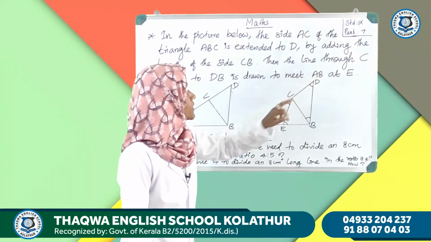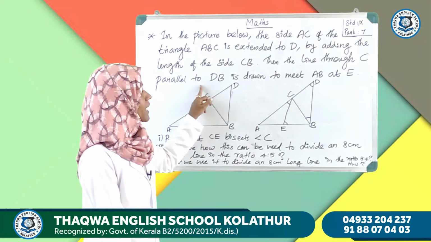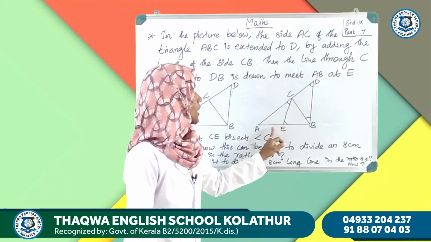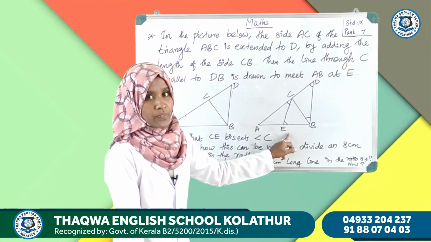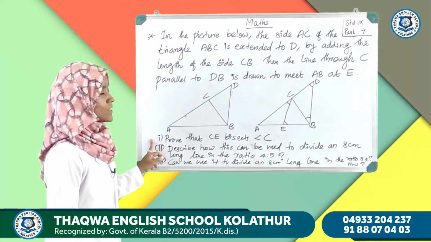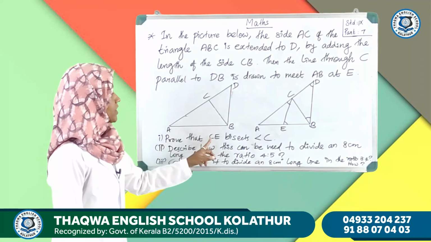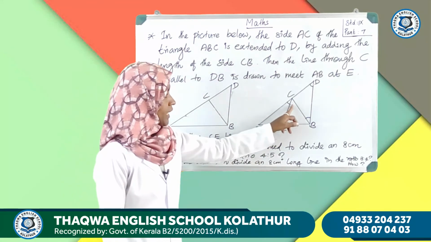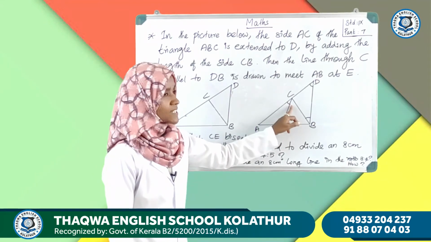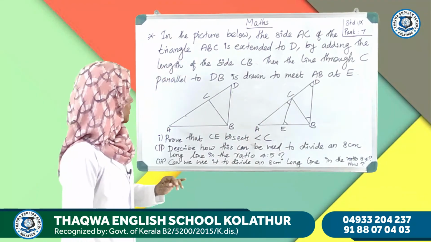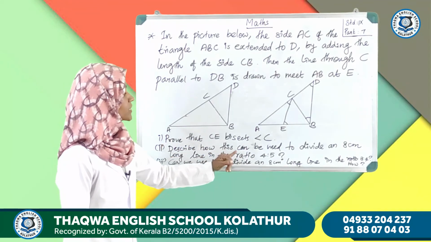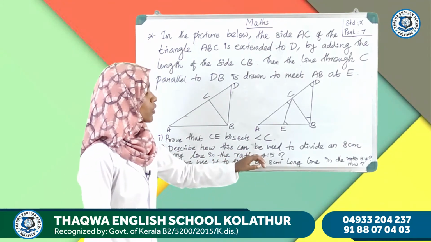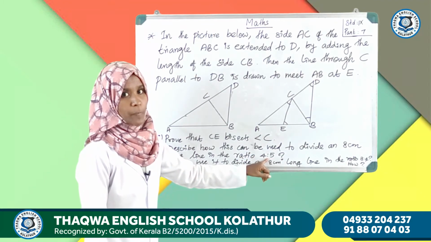Then the line through C parallel to BD is drawn to meet AB at E. First one, prove that CE bisects angle C. Next, describe how this can be used to divide an 8 cm long line in the ratio 4:5.